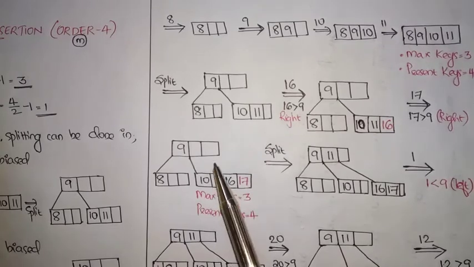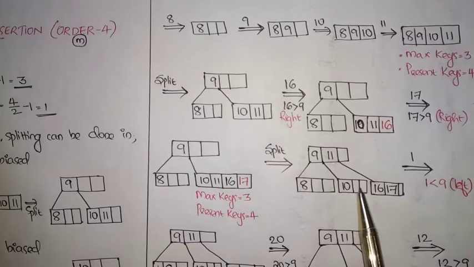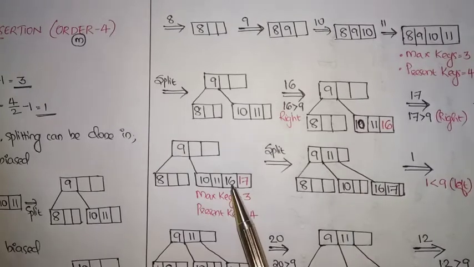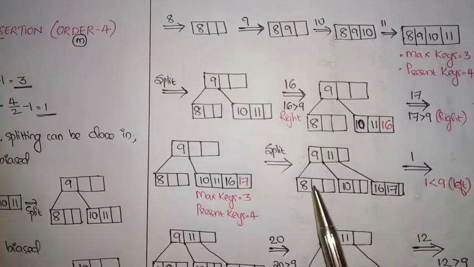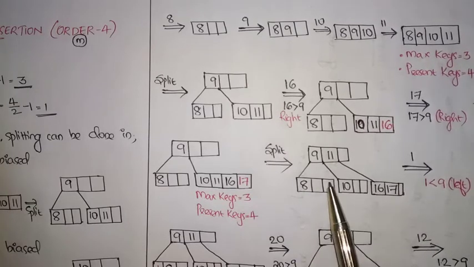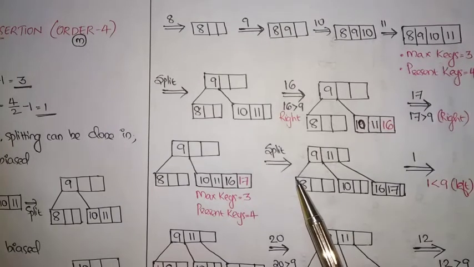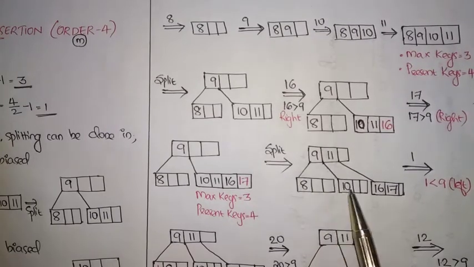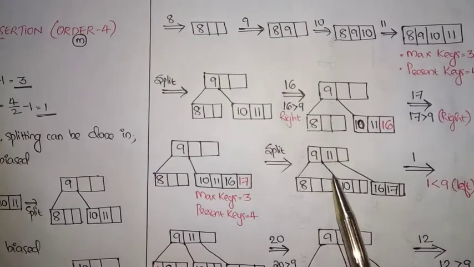Here since 11 is moved upward, we have to split this specific node. So 10 will be stored in a single node and the remaining 16 and 17 will be stored in a separate node. Here when we look into these nodes, we know that 8 is lesser than 9, then 10 is greater than 9 as well as less than 11. That is why the arrow is like that.